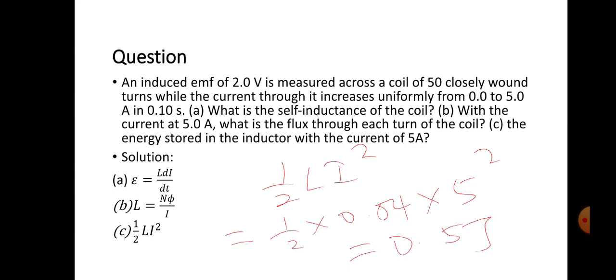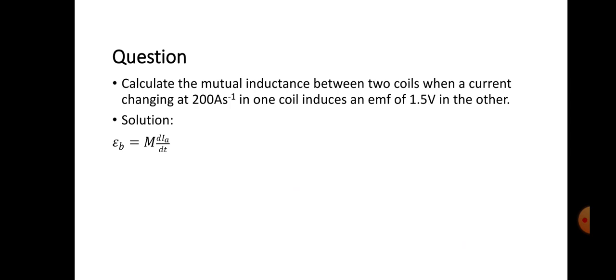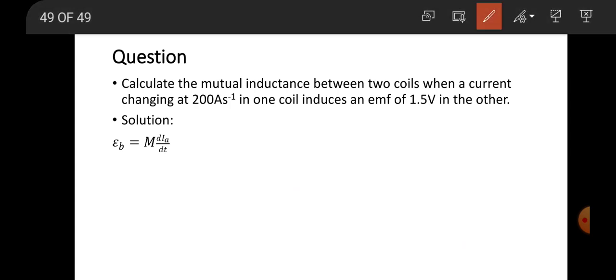This is beautiful. Okay. The next question has to do with mutual inductance. Calculate the mutual inductance between two coils when a current changing at 200 amperes per second in one coil induces an EMF of 1.5 volts in the other. Okay, in this case, we can use this formula. The induced EMF is simply 1.5.